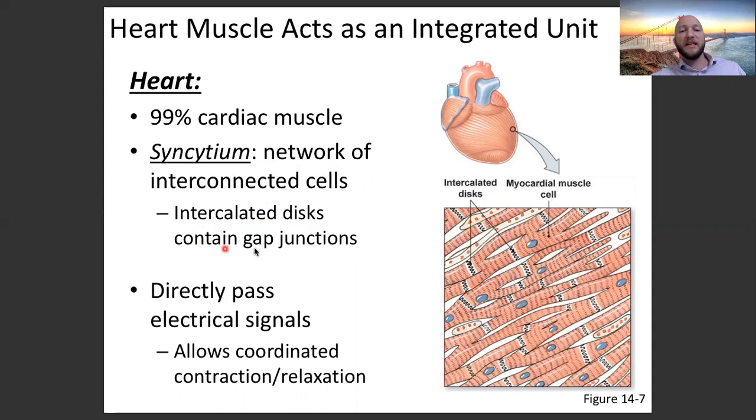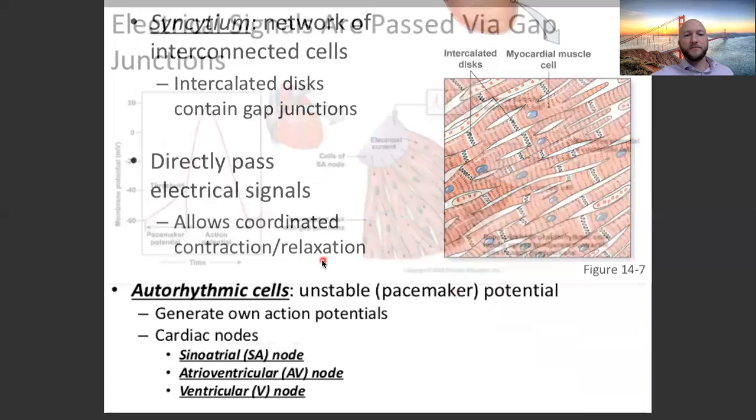Intercalated discs contain gap junctions. Gap junctions are those direct cytoplasmic connections, and the intercalated discs are in between each of those cells. Signals pass directly, and it helps coordinate contraction and relaxation.